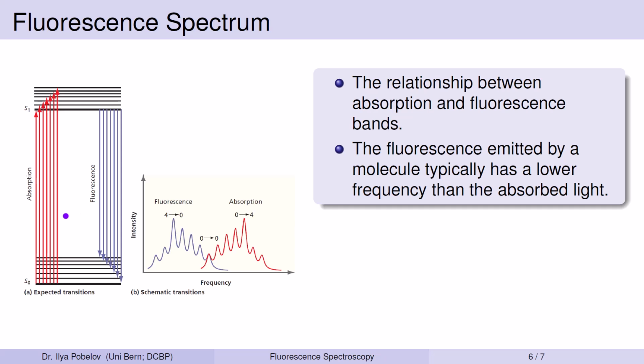This difference arises because the fluorescence emission happens after the molecule has undergone vibrational relaxation, settling into the lowest vibrational level of its excited state. An intriguing aspect of these spectra is their symmetry. If you observe closely, the absorption and fluorescence spectra often appear as mirror images of each other.